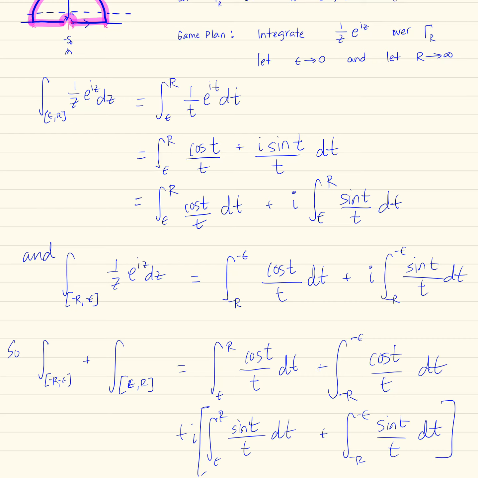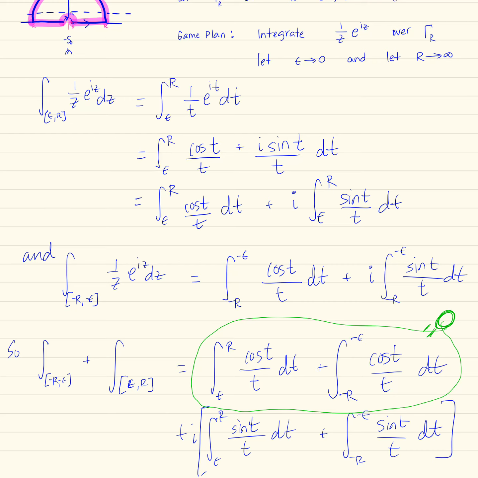Here's the deal: the cosine part is going to equal 0 because they're going to cancel each other out. Cosine t over t is an odd function, right?